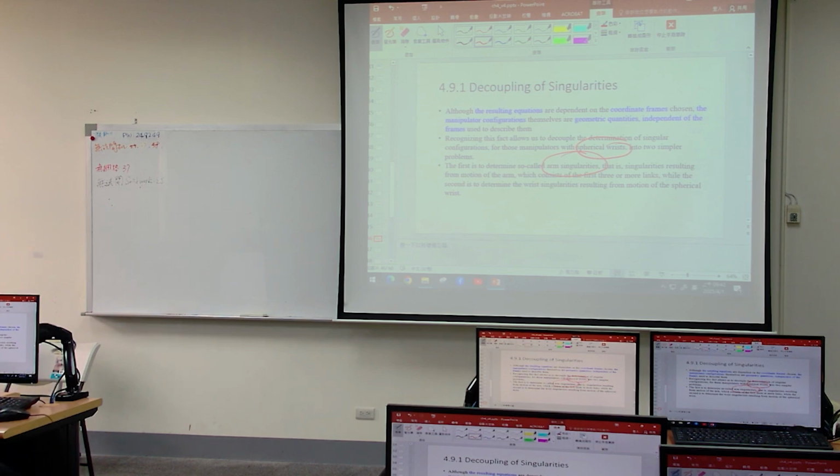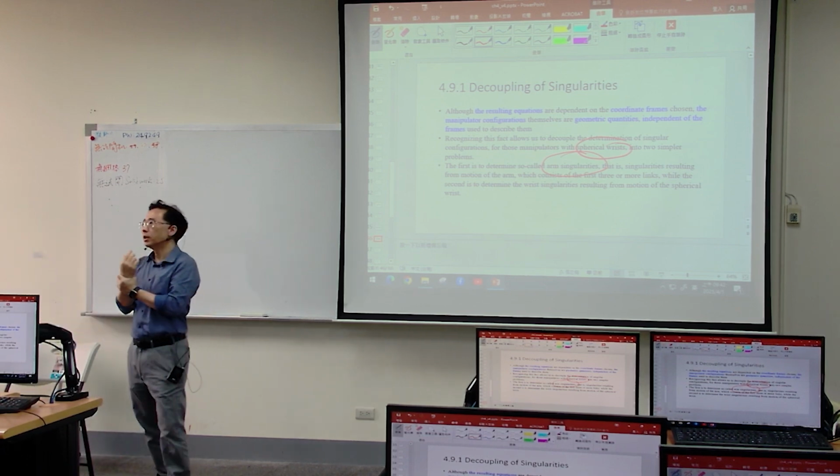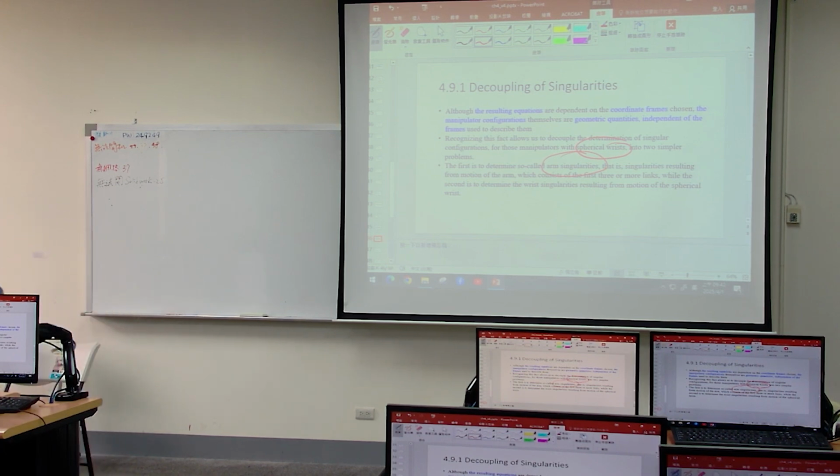It's pronounced wrist, W-R-I-S-T, without the W sound. The singularity result for the arm consists of the first three joints, and the second determines the wrist singularity. So the singularity can be decoupled into the arm part and the wrist part. It's very like our human arm structure: the arm part is the first, and the wrist part is the second.